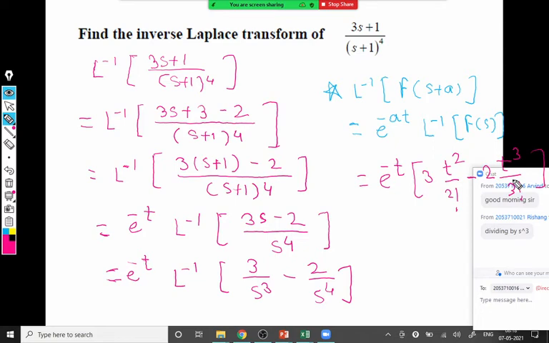You can keep it as it is, or if you want, do a small simplification. It is 3 by 2 and 1 by 3: e raised to minus t, 3 by 2 t square, and 3 factorial is 3 into 2, so 2 gets cancelled, minus 1 by 3 t cube. And that is the answer.